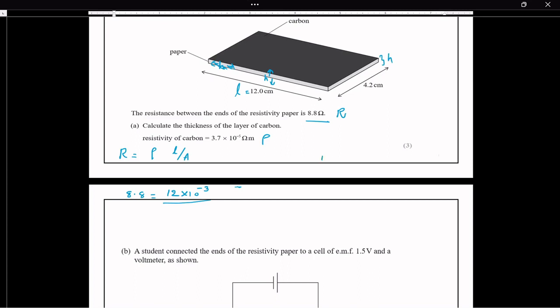So here I'm writing area equals 4.2 times 10 to the power of minus 3 times the height. Let me write it as the width itself. So here I can say it is 4.2 times 10 to the power of negative 3 times width. So using this information, we can calculate what the width is.